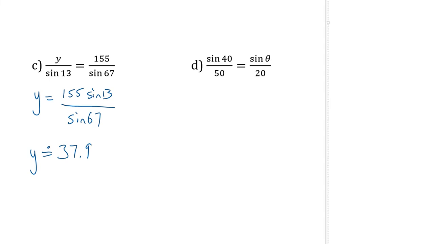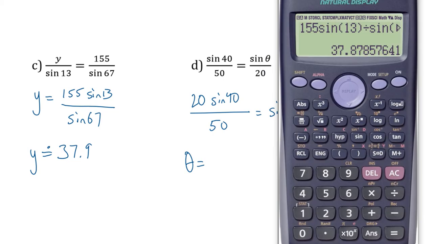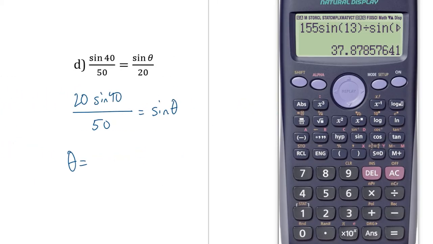I'm going to rearrange this one. The only thing about this one is the variable's on the wrong side, but that's fine. So I bring the 20 to the top on the other side. I don't change this to sine of 50 or anything like that. Okay, you can't do that. It's still just 50. The 20 moved is sine theta. So theta equals, and this is the one where I go shift sine, and you get the sine -1.